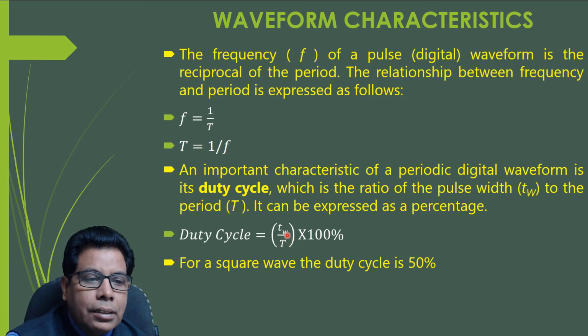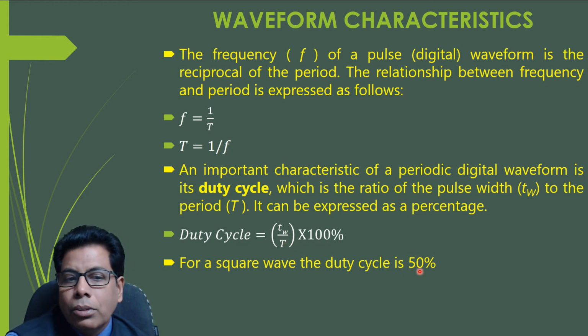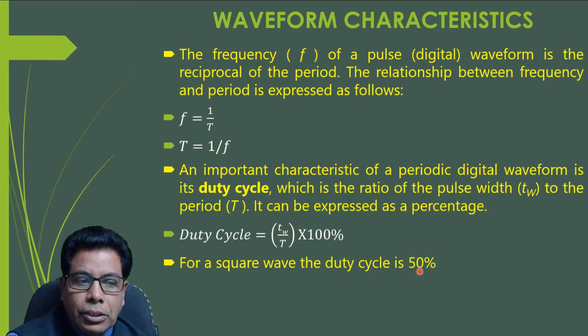That is the total period, whereas the period of high is tw. So that is how the square wave has a duty cycle of 50%, just because t low and t high are both equal. If you divide t high by t high plus t low, it is going to give you 50%, that is, 1 by 2.